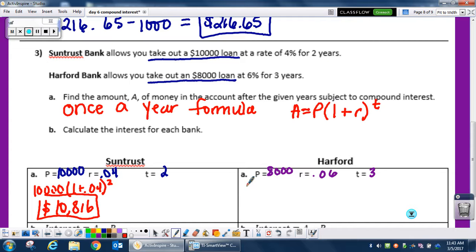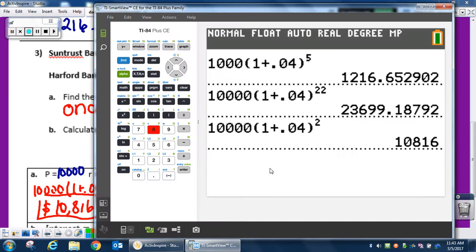For Hartford, we would have 8,000, 1 plus 0.06 to the third power. So 8,000, 1 plus 0.06 to the third power.